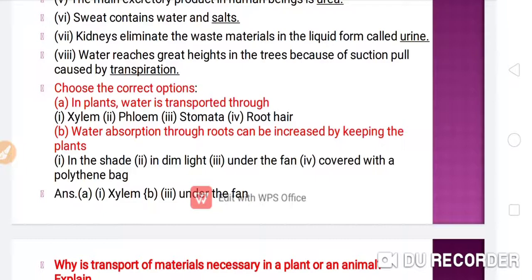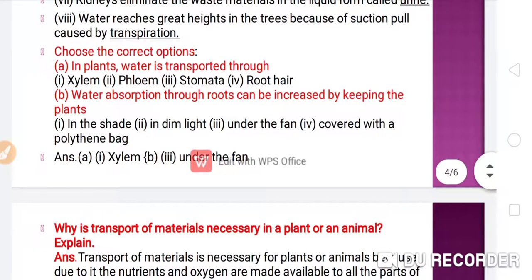So in the first question, in plants water is transported through the xylem. Now question B, water absorption through roots can be increased by keeping the plants where? Under the fan. So this is the answer here.